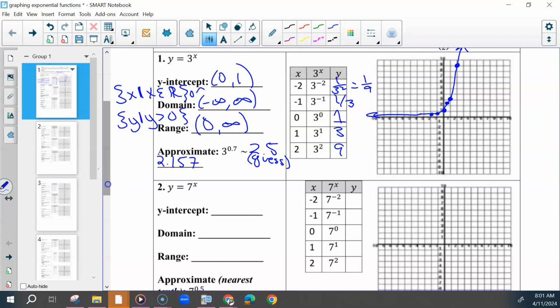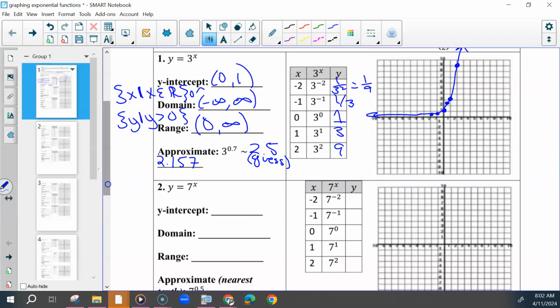So I got the 2 part right, not the decimals, but that's okay because it was a guess anyway. Whether you look at the graph and guess by the table, and then figure out what it actually is, or just figure out what it actually is, as long as you know how to find it in the calculator and could guess it based on the graph or table, you're good.